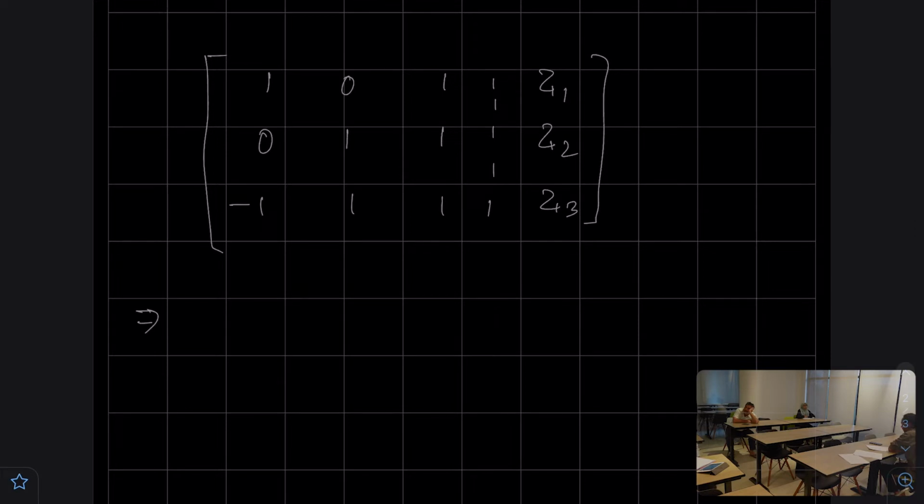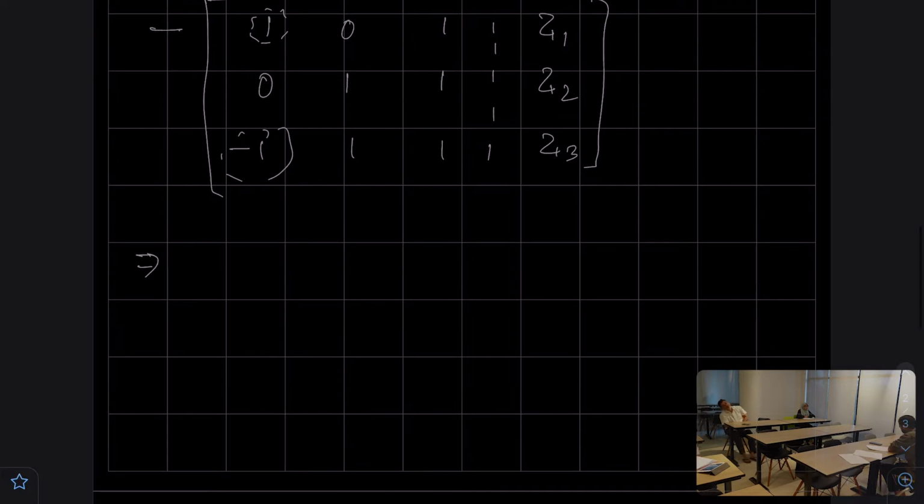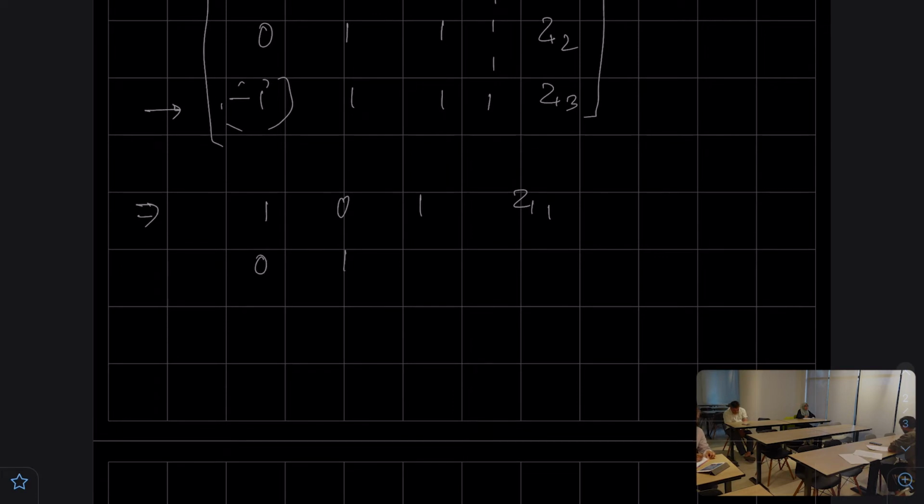For the first row, this is already the leading one, so I don't need to do anything here. But in this column, there is a minus 1, so I can add this row and this row. Then it will be 1, 0, 1, Z1, 0, 1, 1, Z2, and 0, 1, 2, Z1 plus Z3, right?